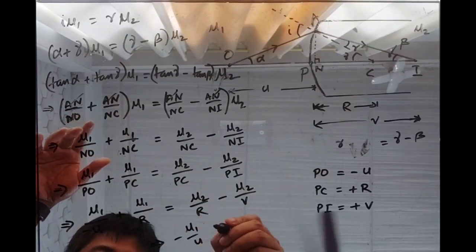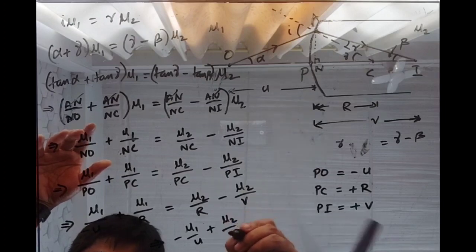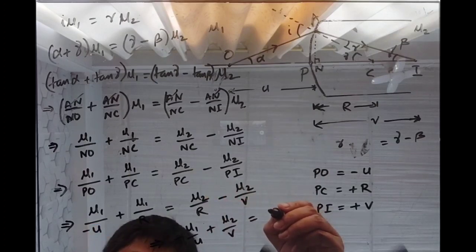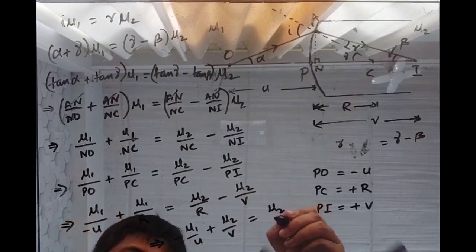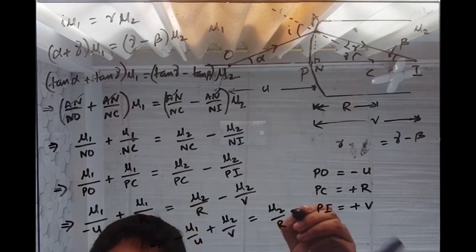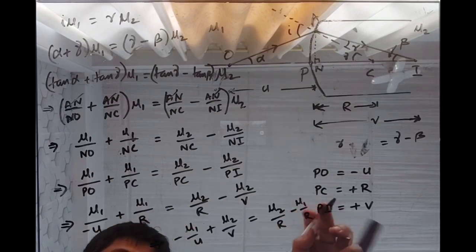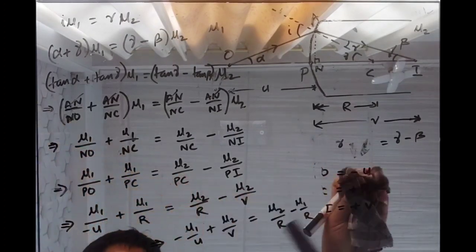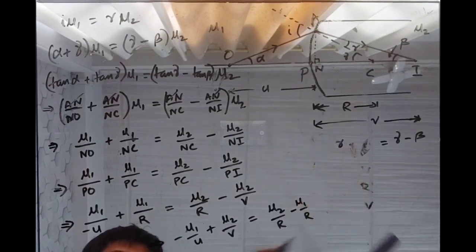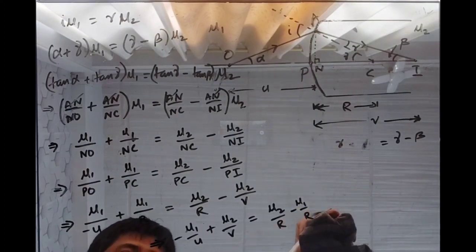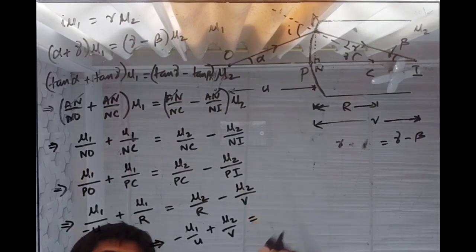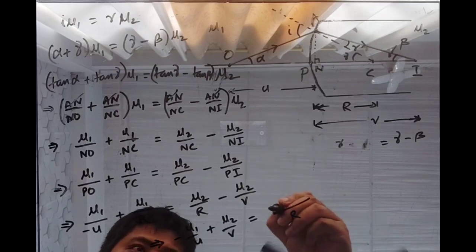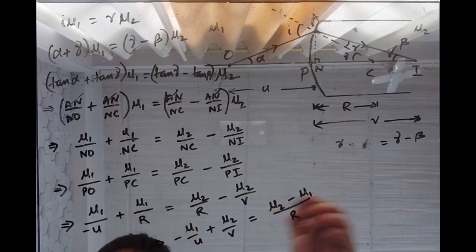Minus mu1 by U plus mu2 by V equals mu2 by R minus mu1 by R. If we take R as common, it will be mu2 minus mu1 on the right side.